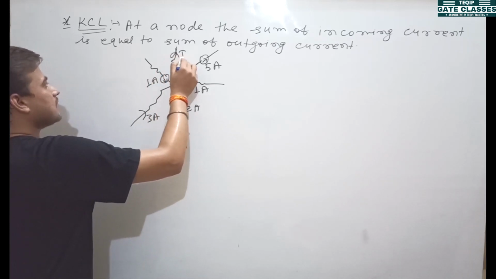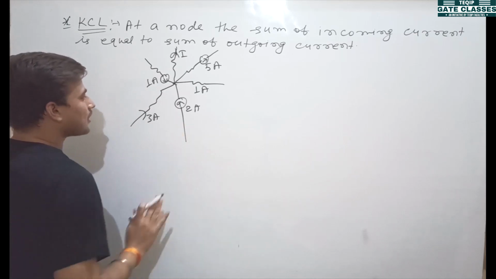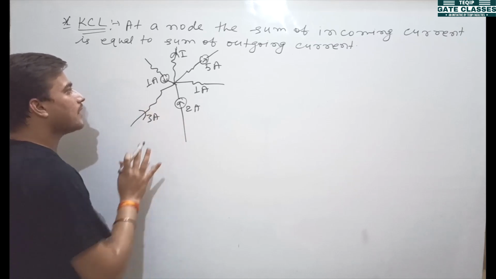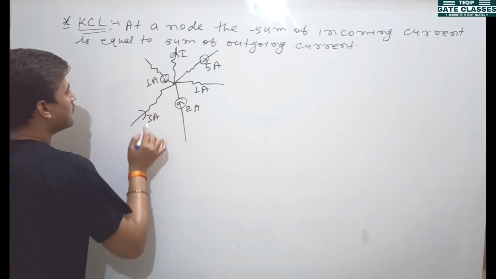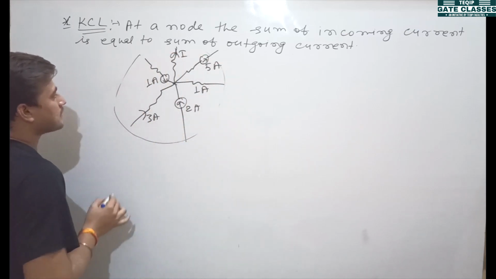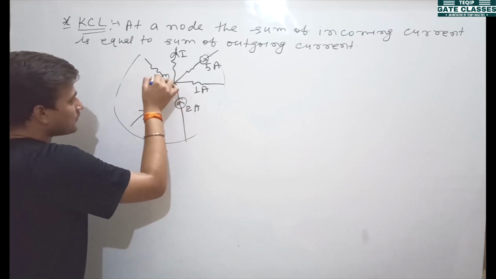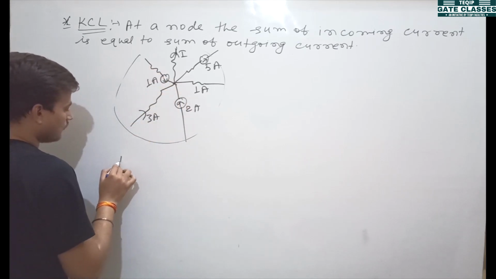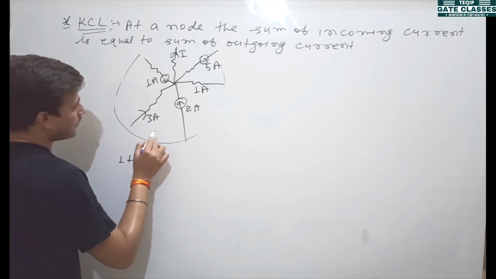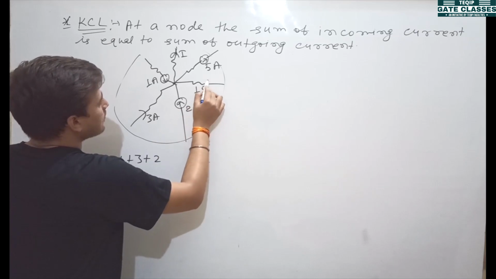Now they are saying this is outgoing current. So here you will have to apply Kirchhoff's current law. After applying it, you can easily find the value of current I. So you will have to take account of all the branches. If you start from here, this is an incoming branch, that means coming towards the node, 1 ampere, plus this is also incoming, 3, plus 2 is also incoming. Here suppose this is outgoing.